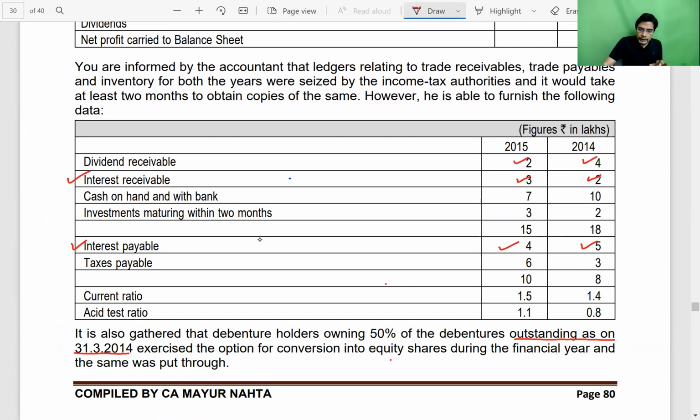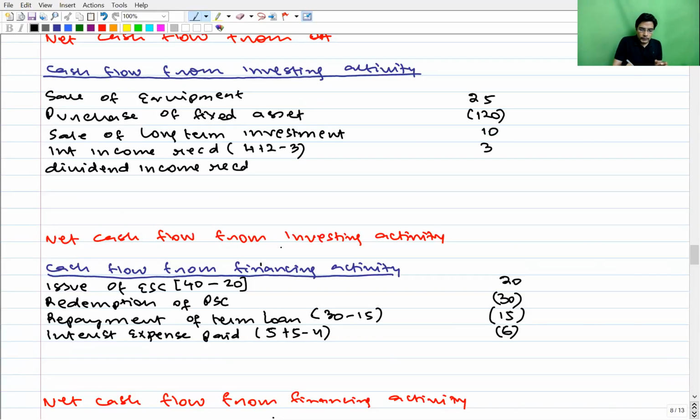Opening is 4, closing is 2. So this 4 is received in the current year and 2 is not yet received. So with 2 we'll add 4 and we'll minus 2, so it will come to 4. Next.